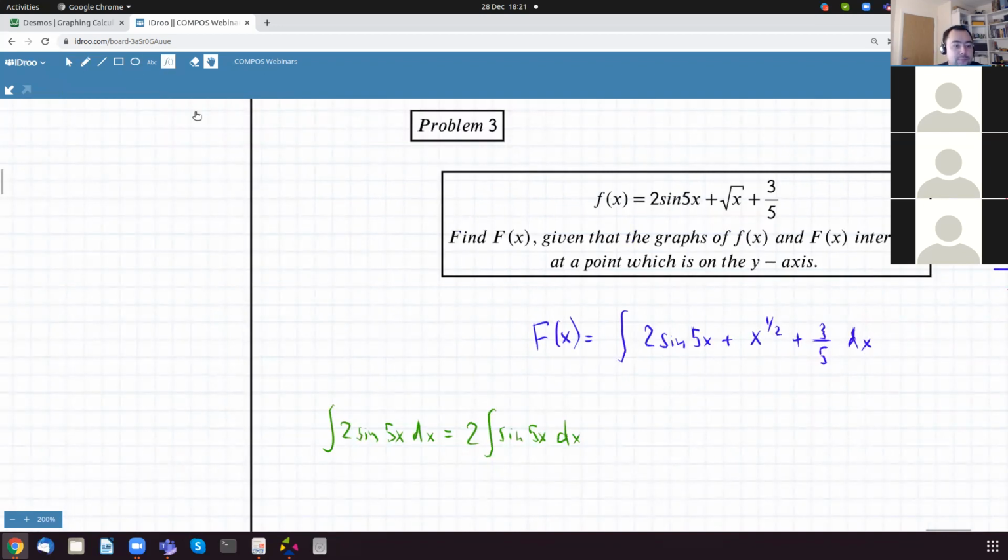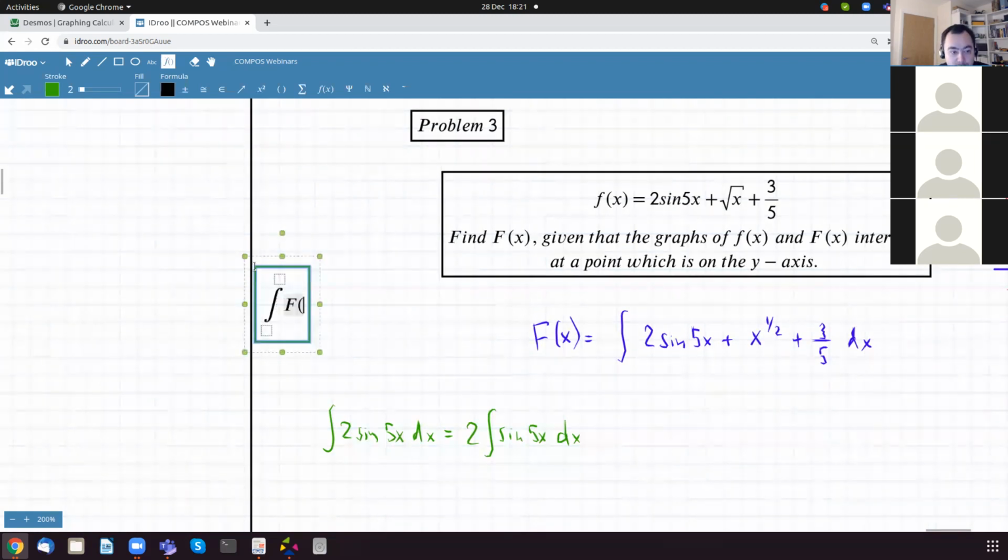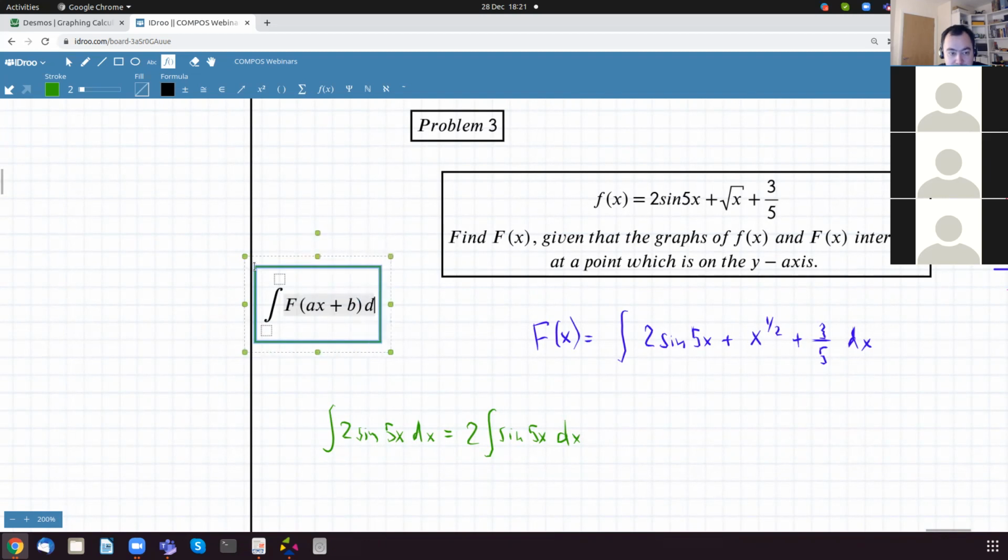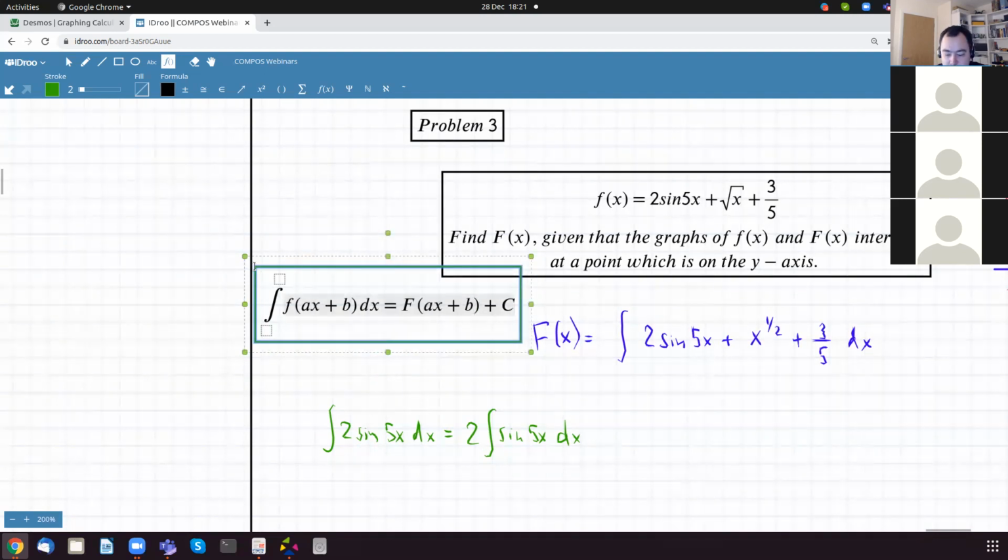But then we have the important result, because we know that the integral of f of ax plus b dx is equal to the antiderivative of ax plus b plus c, times 1 over a, like this.